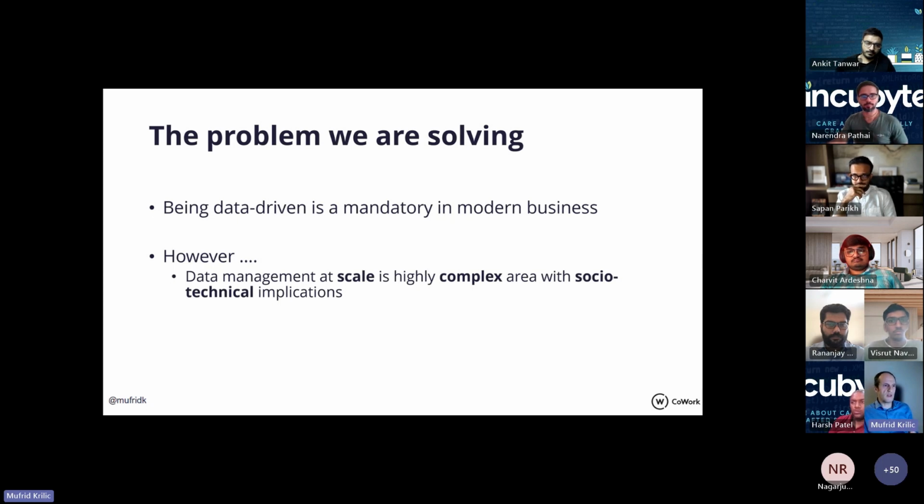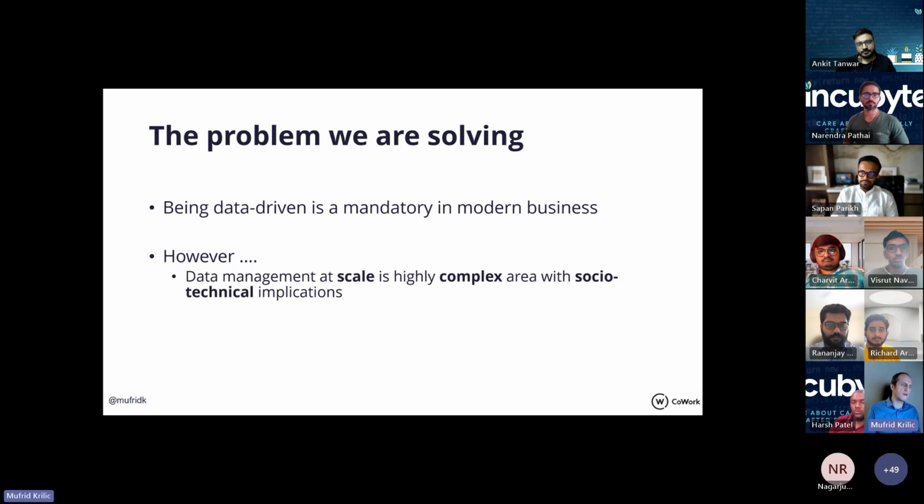So we'll dive into these areas a little bit more. Once you are in the position where you see you are scaling, your organization is scaling, your data sources are scaling, that brings complexity, and complexity is accompanied by socio-technical implications. So this is the problem we are trying to solve: how to be data driven at scale.